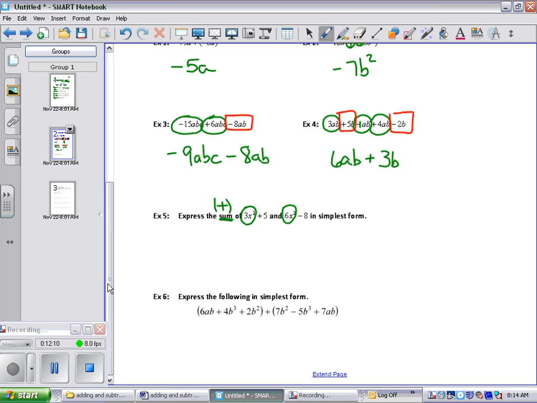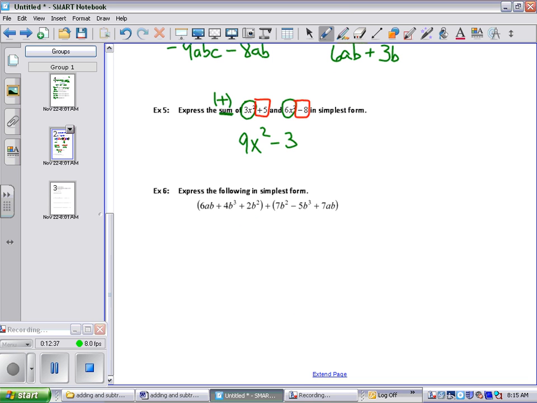My 5 and my 8 can be paired up together. And always take the sign in front of your number. So 3x squared plus 6x squared. All you're doing is adding 3 and 6. You're getting 9x squared. And then 5 minus 8 gives me a negative 3. Okay?